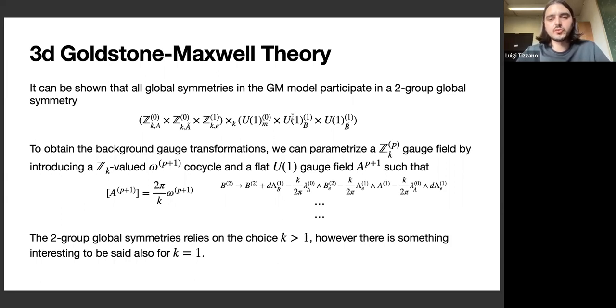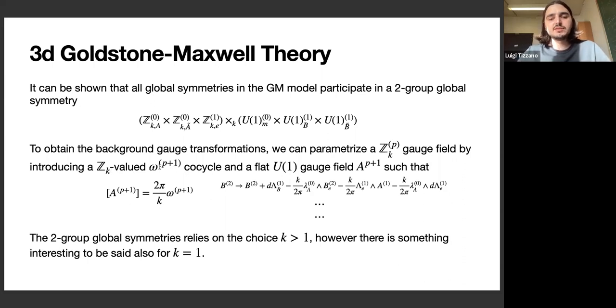And then we also have two one-form symmetry associated to the star of d chi and d phi. And to obtain the background gauge transformation, there's just a technicality that one has to remember: if you want to write background gauge transformation for this Z_k valued field, what you have to do mathematically is you need to introduce a cocycle that's a p+1 cocycle that is Z_k valued.